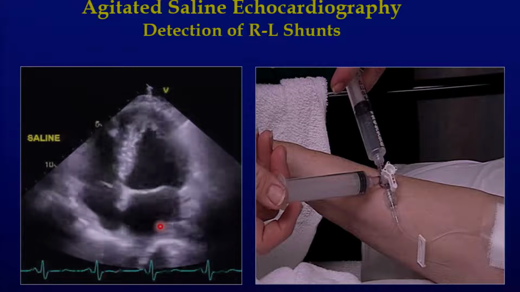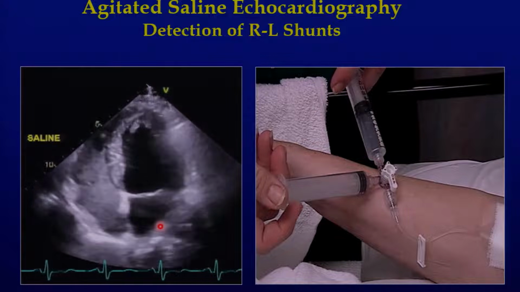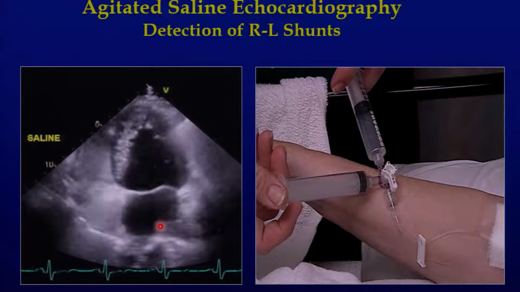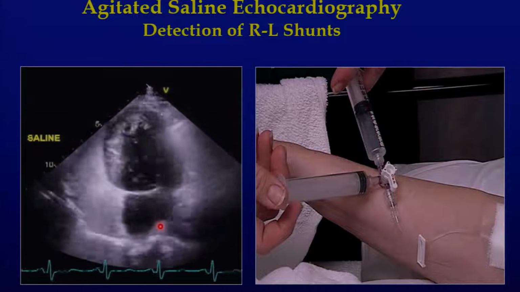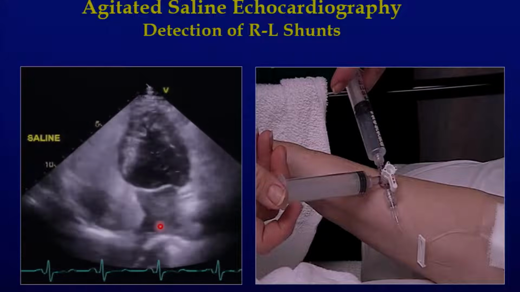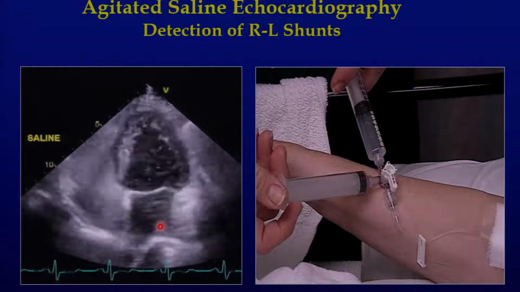So that's how we use agitated saline to help us diagnose patent foramen ovale. Remember that a patent foramen ovale shunts whenever the left atrial pressure is a little lower than the right atrial pressure. So it varies with respiration, Valsalva, et cetera, and it's intermittent.